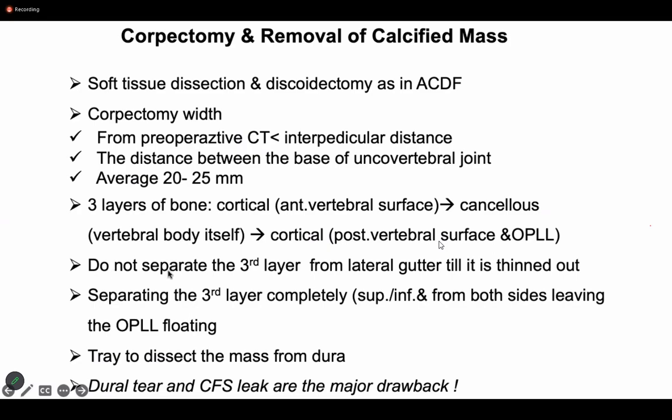But do not separate the third layer from the lateral gutter, thin the walls, and separate the third layer completely in an open flooding, and try to dissect the mass from the dura. With this technique, attention to tearing the dura, which may cause a CSF leak.